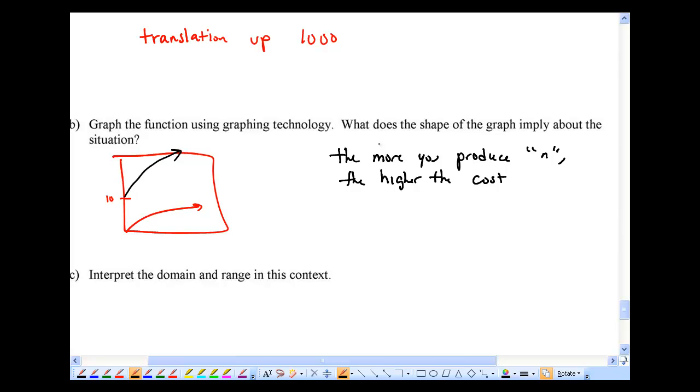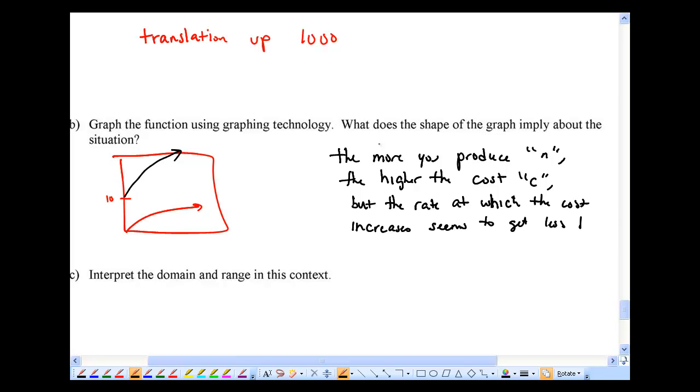The cost is higher, yes, but the rate at which the cost increases seems to get less and less as you produce more.